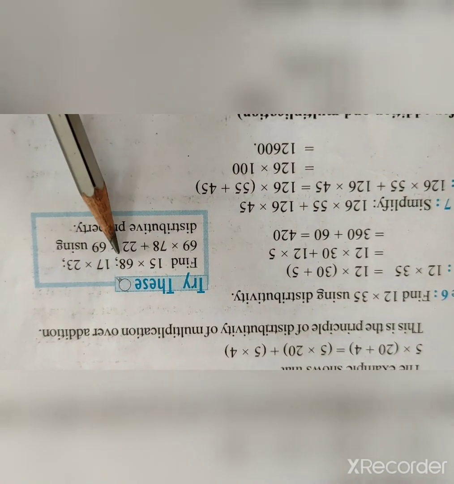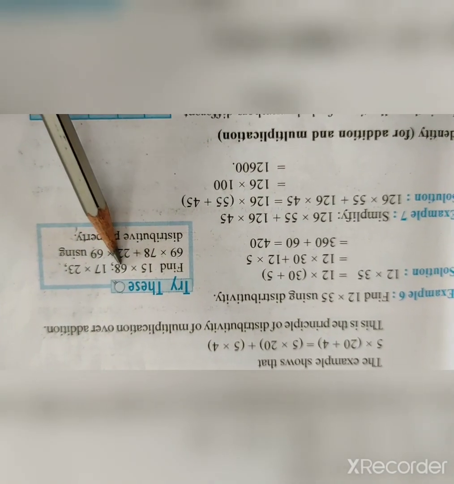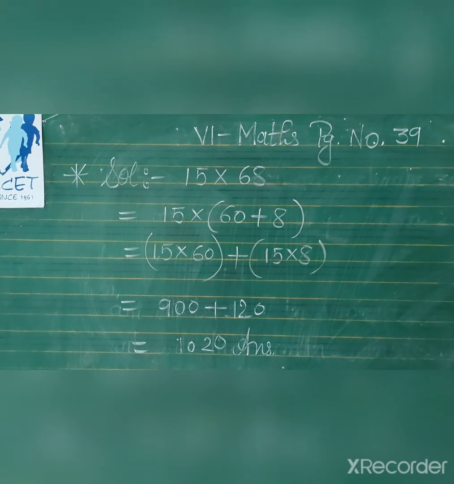Now see here, try this. Find 15 into 68, 17 into 23, 69 into 78 plus 22 into 69 using the distributive property. I am showing you how you can solve, then you will send the homework. Your question is 15 into 68.